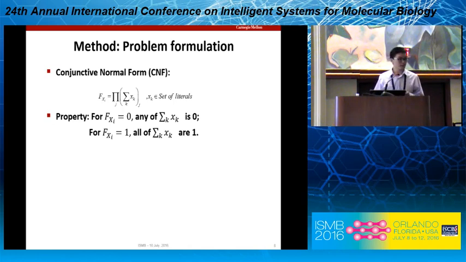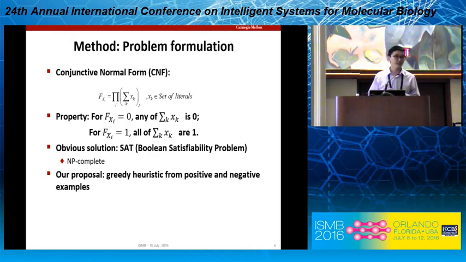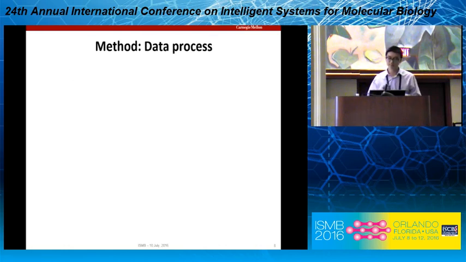Only when all of the sums equal 1, the function will be 1. There's one obvious solution for this, called the Boolean satisfiability problem. This problem has been proved to be NP-complete, which means that we need super-polynomial time to solve it. If the system is large, this will not be efficient. So we propose a new greedy heuristic from positive and negative examples, which will be detailed later.